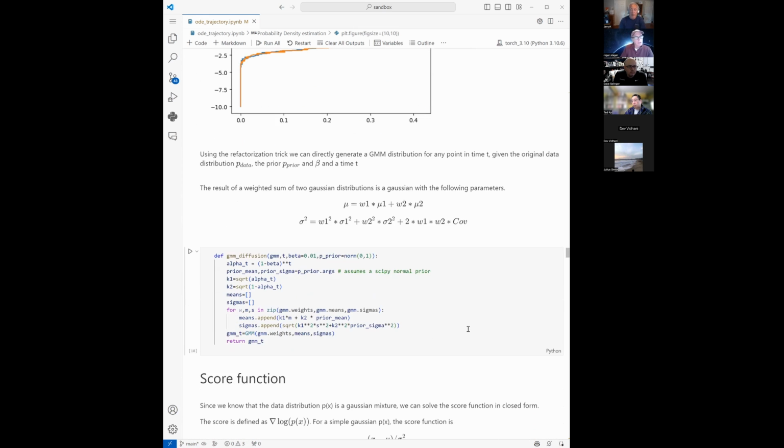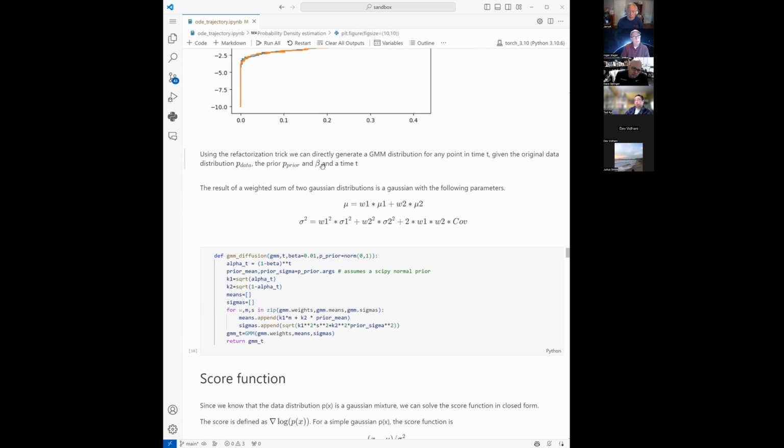Okay, so now that we have that, we can create a diffusion that'll work with a Gaussian mixture model, go to any point in time. So given a data distribution and time t and the beta, then we can jump to what the Gaussian distribution is. There'll be another GMM at that time t, and this equation implements that.